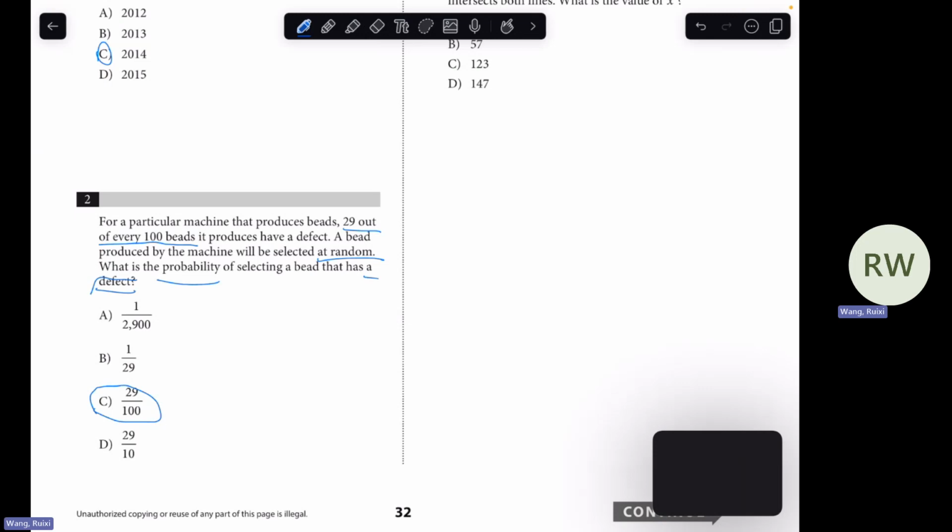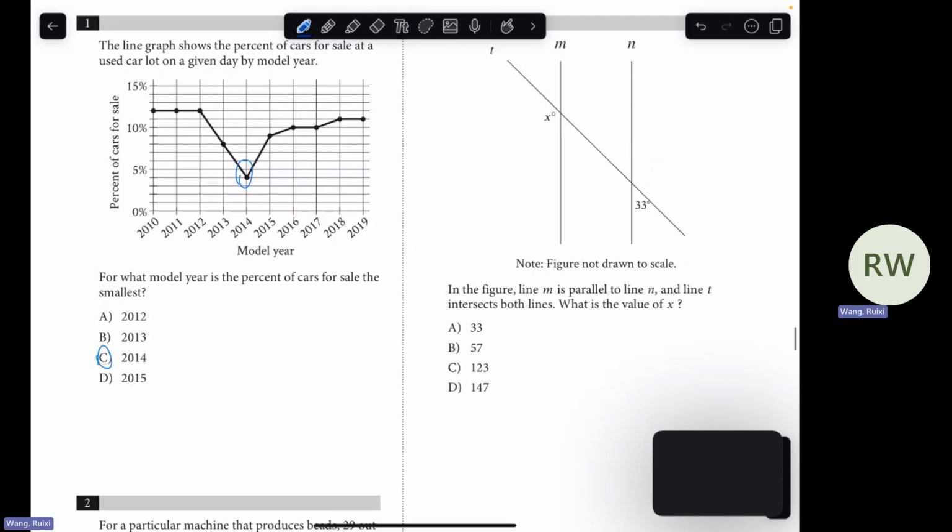Also make sure you know what they are asking, because they could also be asking does not have a defect, which is going to be 71 over 100. Obviously they're not trying to trick us. And D is also obviously wrong because you cannot have probability larger than one. That is for this problem.